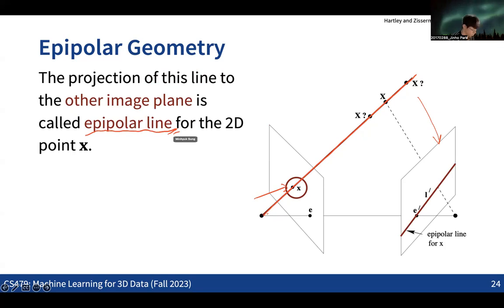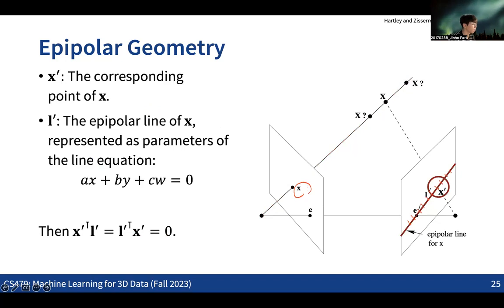The meaning of the epipolar line is that if we find the corresponding point x prime in the second frame, the corresponding point of x should be one of the points on the epipolar line. It's very clear, right? That's by definition of the epipolar line.